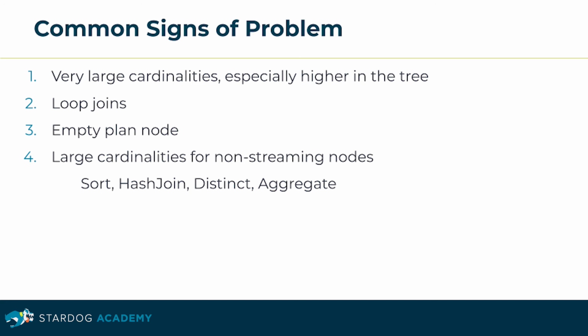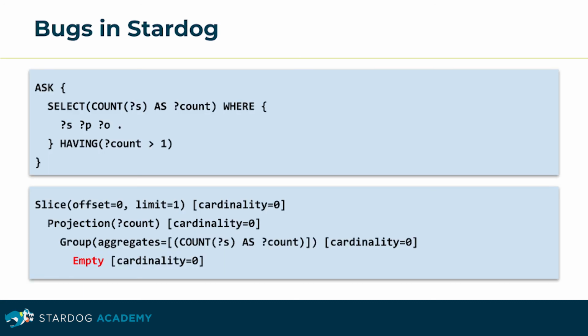is highly recommended. Now, occasionally, as you're evaluating queries, you may come up with a bug in Stardog. And so here we're looking for an ask query that is selecting a count as count, where SPO having a count greater than 1. So looking for just triples and counting them.